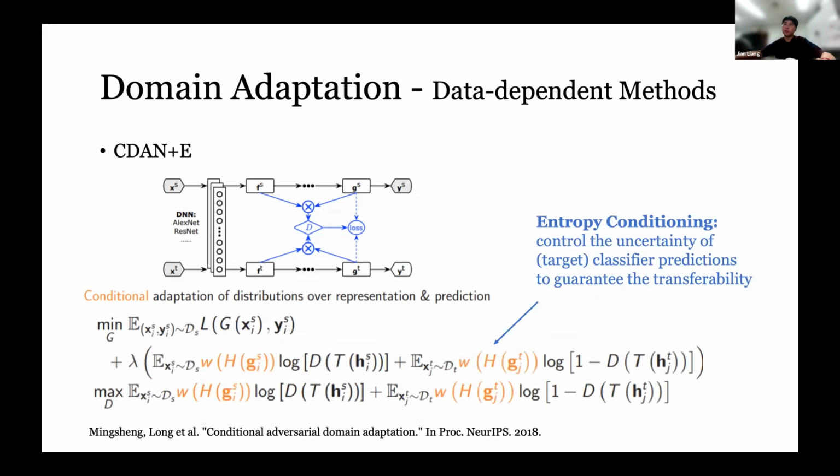Further, they also introduce another entropy conditioning term here. They suggested that if the entropy of a sample is low, this means the sample is more confident, and it can be assigned a large weight in the domain adversarial alignment term.